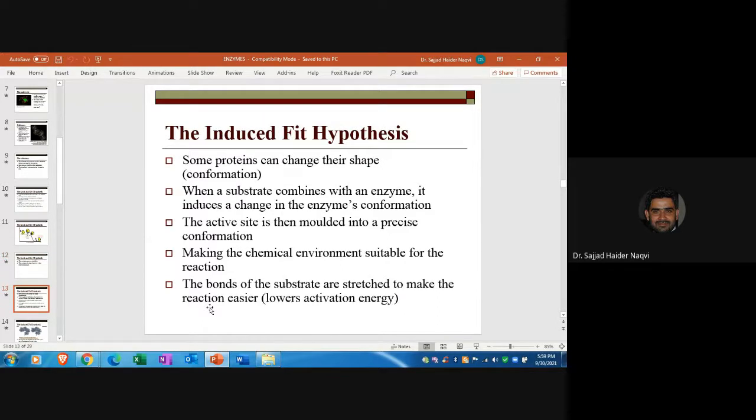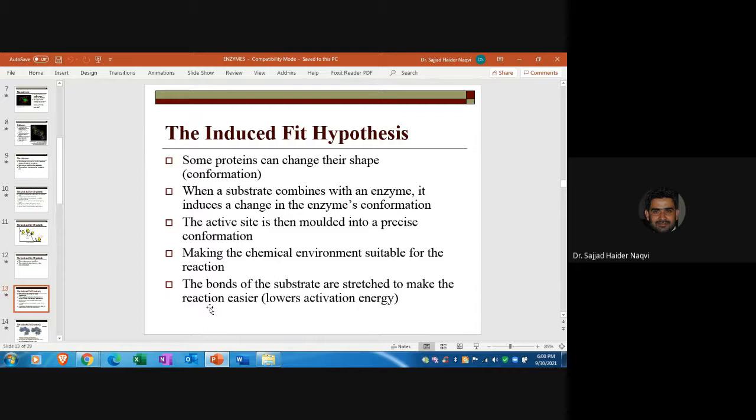There is another model besides the lock and key model to explain enzyme catalysis, and that's called the induced fit hypothesis. The name itself indicates induced fit. That means something will come and bind, and as a result of this there will be a change, unlike the lock and key model which you studied. So in some proteins, they can change their shape or conformation.